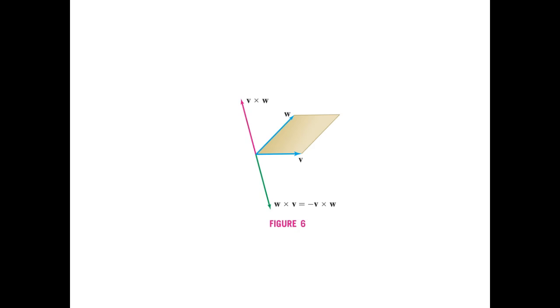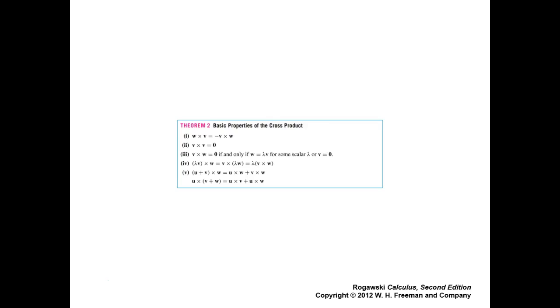But if you start at W with your right hand, point your fingers along that direction, then cross them toward V, you see you're pointing in the opposite direction. Same thing we were just talking about. There's the figure to illustrate it.